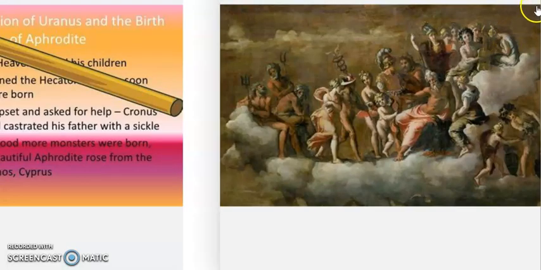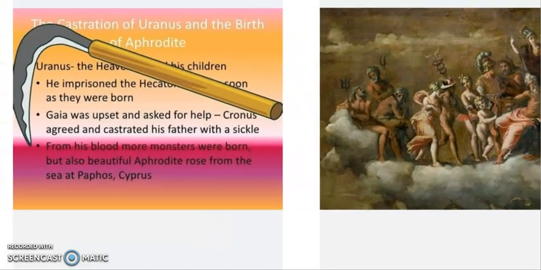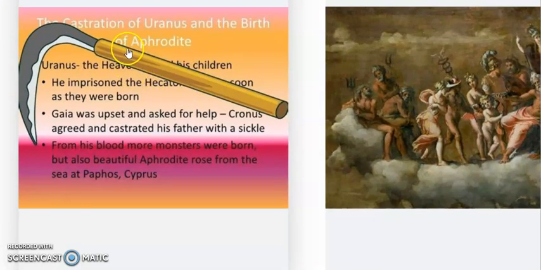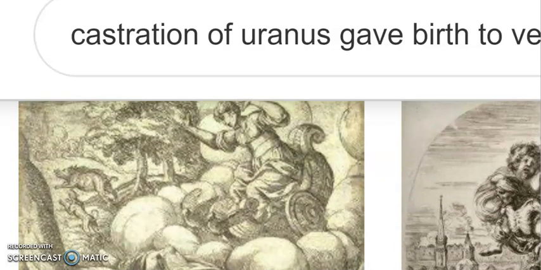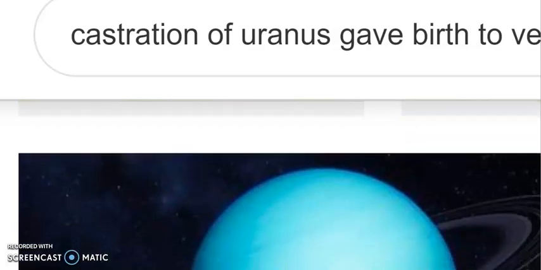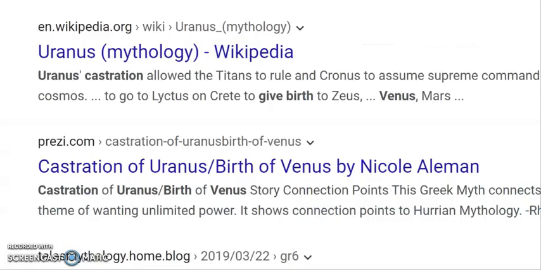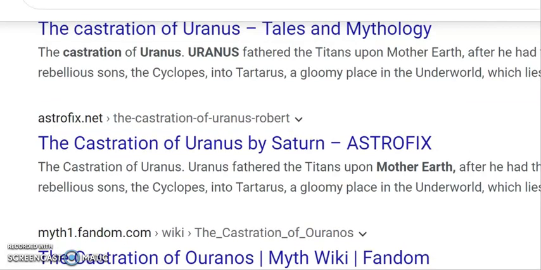Of course, the castration of Uranus gave birth to Venus, or Aphrodite. So when you got Venus Williams, you got Aphrodite. Castration of Uranus, birth of Venus. So see how that intercedes with the Lucifer idea.